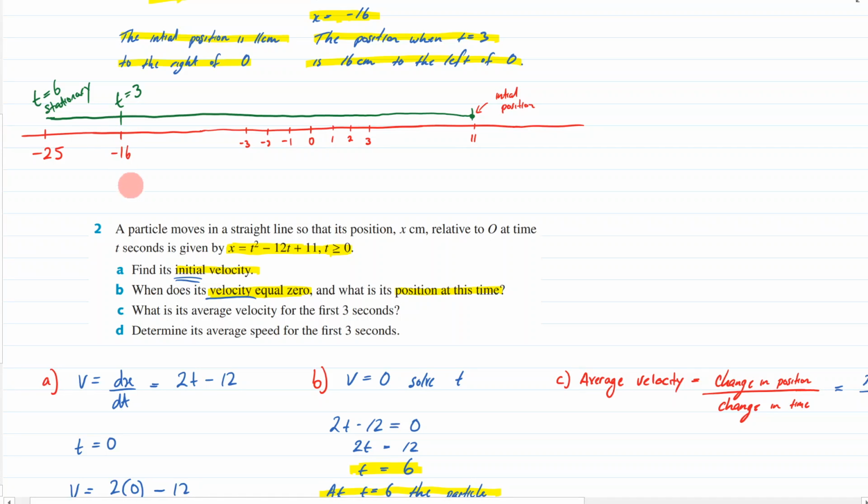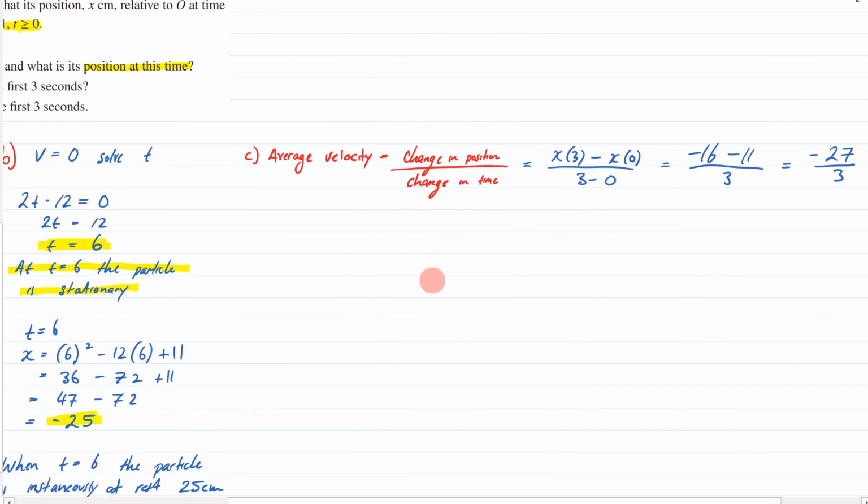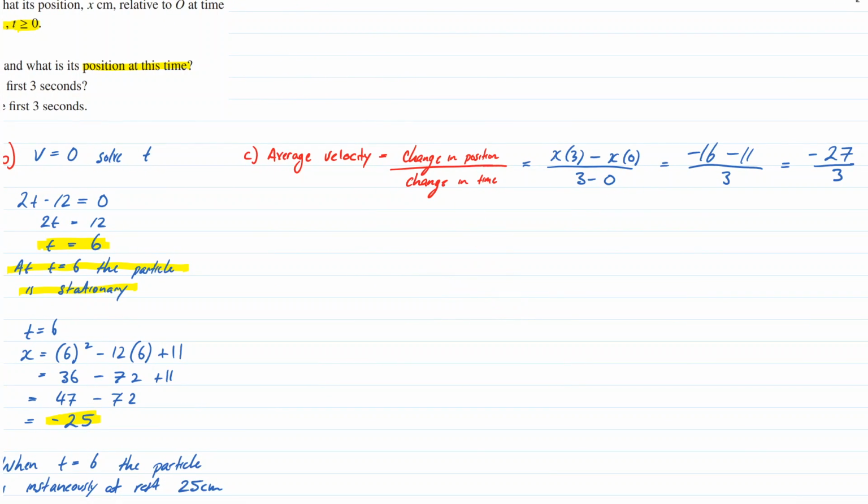All right, that's average velocity. We now come to comparing that. So we just did average velocity. We now want to determine its average speed for the first 3 seconds. What's the difference between average velocity and average speed? So we're doing now part D, and we're talking about the average speed.